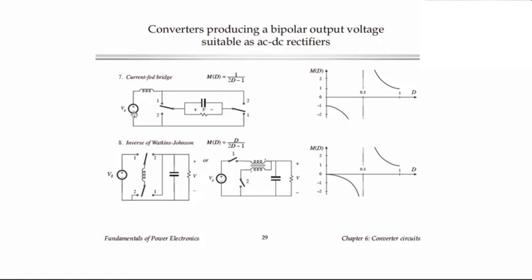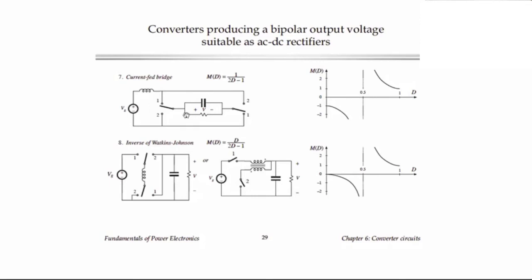So when the sinusoid at the input passes through 0, and the output voltage is non-zero, then the conversion ratio goes to infinity. But in fact, we're not making infinite output voltage, we're just holding up the output voltage when the input is going through 0. So if you vary the duty cycle sinusoidally about a half, then you can convert an AC input voltage to a DC output.